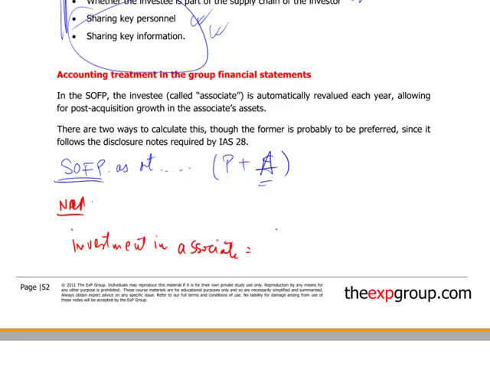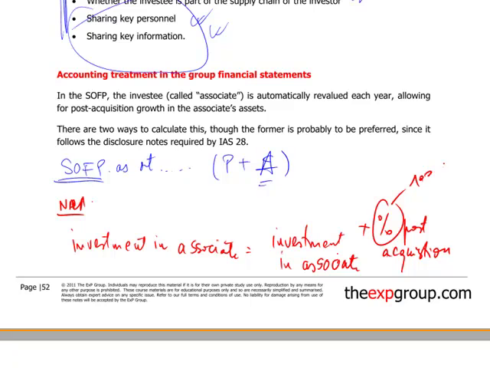That's all. And how will you calculate that? Well, there are two ways of calculating it, but I suggest you focus on this one, which takes the investment in associate, which is given, plus the proportion of post-acquisition profits, which you may have to calculate, and in F1 we said this is 100%, so post-acquisition profits.